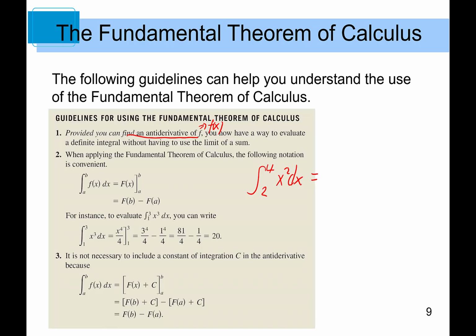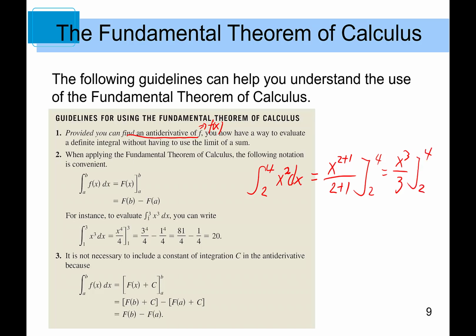First of all, find the antiderivative, and right here we're going to use the general power rule, adding 1 to the exponent, and the new exponent becomes the denominator. Then we omit c. Eventually we're going to cancel c, right? I showed you in the previous slide. So this is from 2 to 4. It's basically x cubed over 3, from 2 to 4.